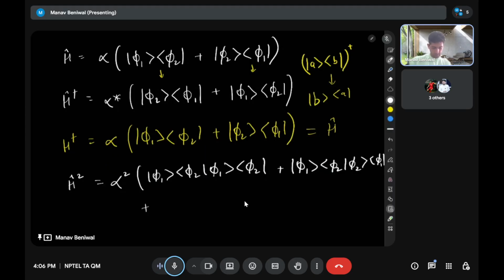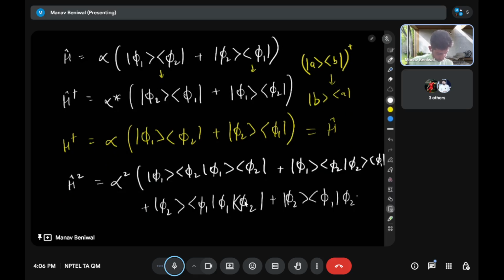Similarly, the third term will be |phi 2><phi 1|phi 1><phi 2|. And finally, we will have |phi 2><phi 1|phi 2><phi 1|.